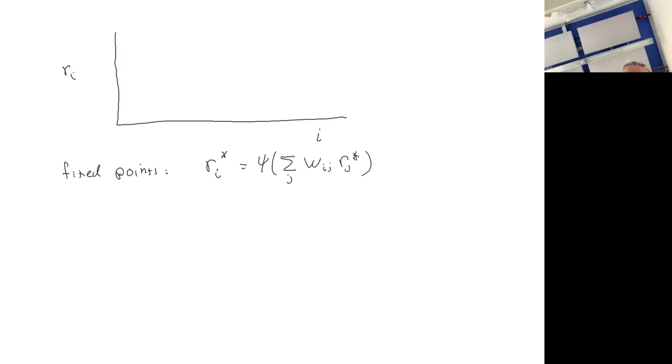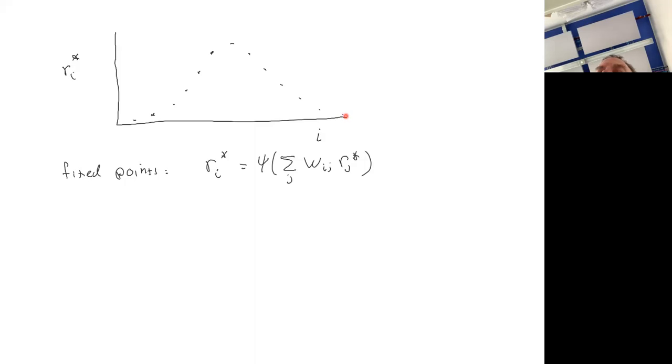What I'm going to plot is Rj star versus index. Because neurons are discrete, it could have anything, but let's suppose it has some shape like this. What this means is some neurons are firing at high rate, some are firing at low rate, and if you arrange them properly, they look like a hill of activity.